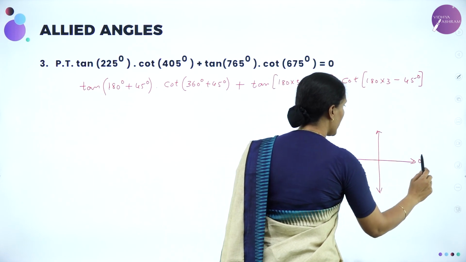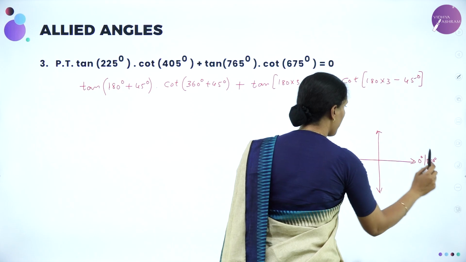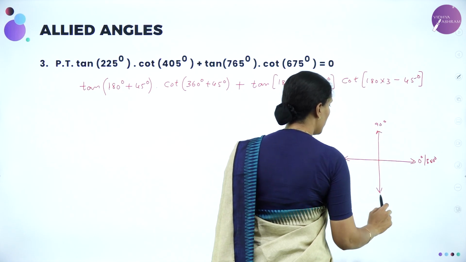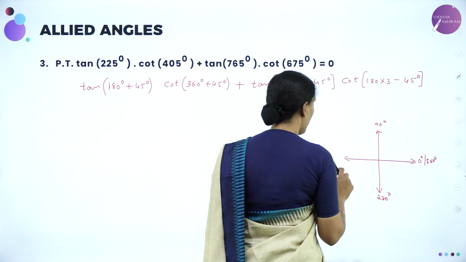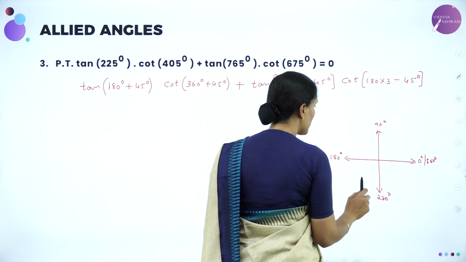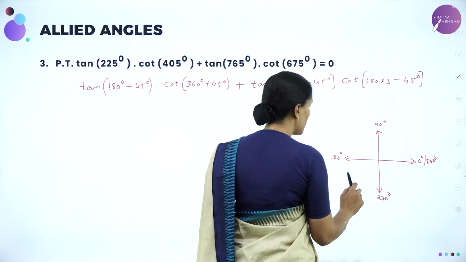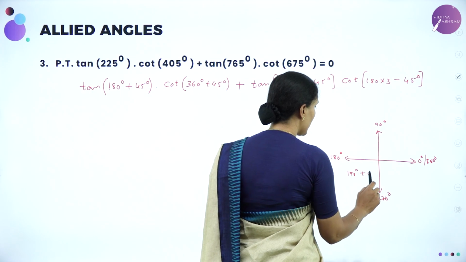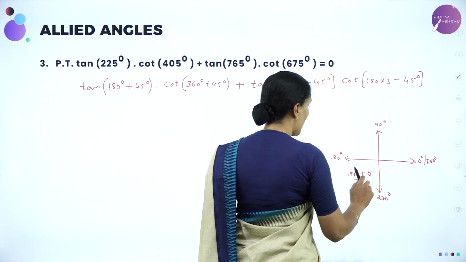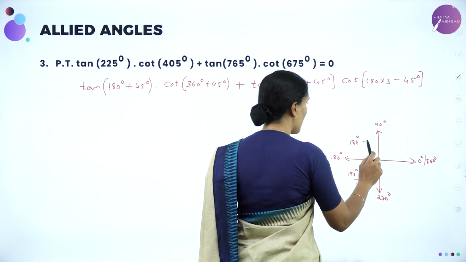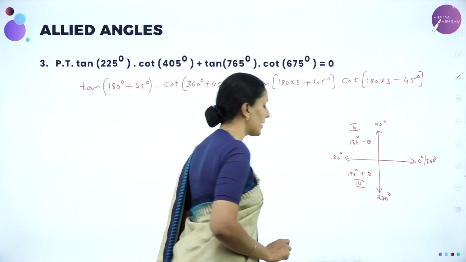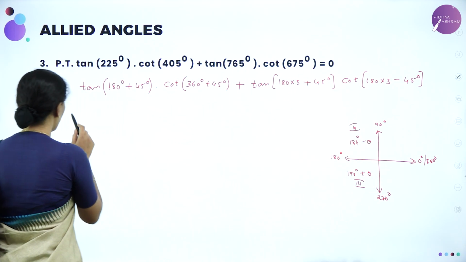This is your 0 degree or 360 degree, 90 degree, 270 degree, 180 degree. Now, 180 plus theta means it comes in the third quadrant, and 180 minus theta means it comes in the second quadrant. So let us decide the sign of the function.